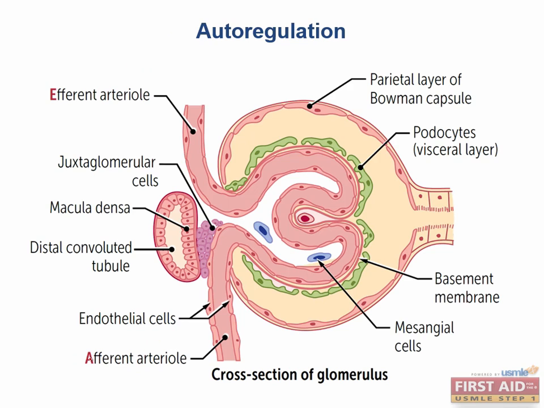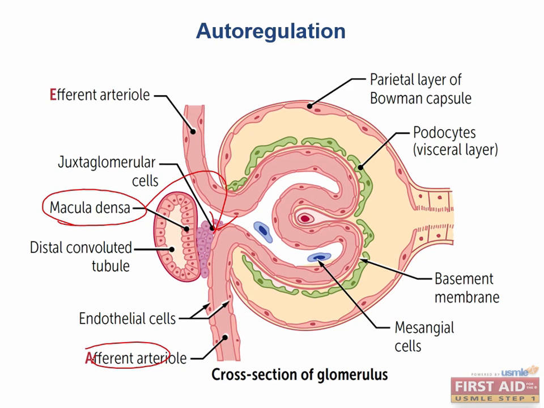Now, the tubuloglomerular feedback similarly regulates afferent vascular tone, but it refers to the communication of the salt-sensing cells of the macula densa with the juxtaglomerular cells that are right there next to the afferent arteriole. This is for a reason.